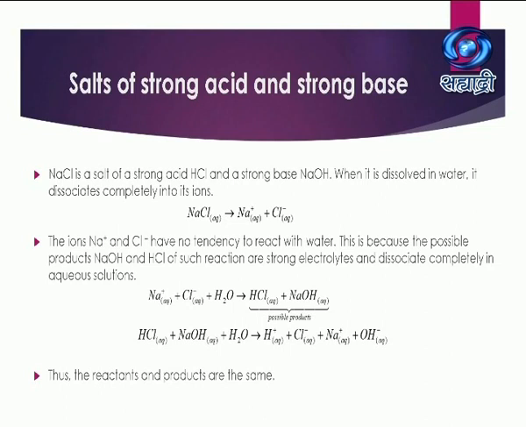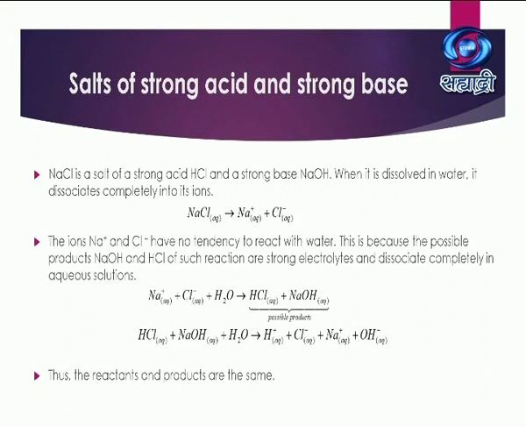Now in this case, the ions Na plus and Cl minus have no tendency to react with water. That means neither Na plus nor Cl minus ion can react with the ions of water, that is H plus and OH minus ions of water. This is because the possible products NaOH and HCl of such a reaction are strong electrolytes and dissociate completely in the aqueous solution.